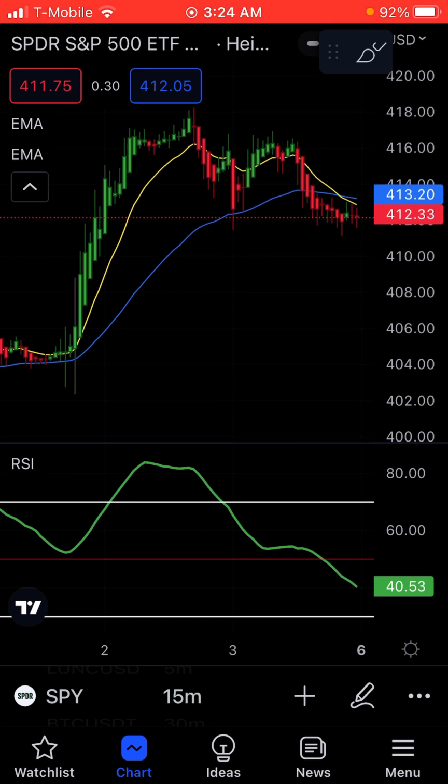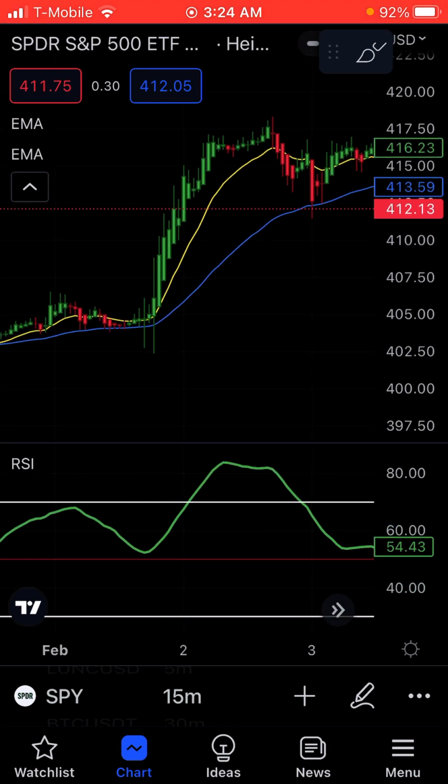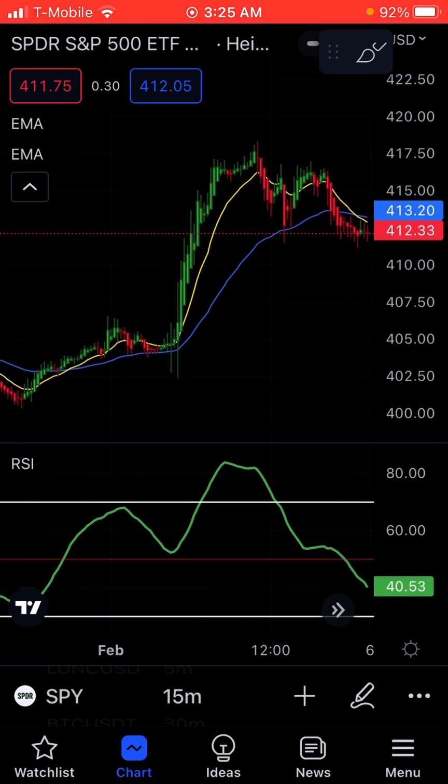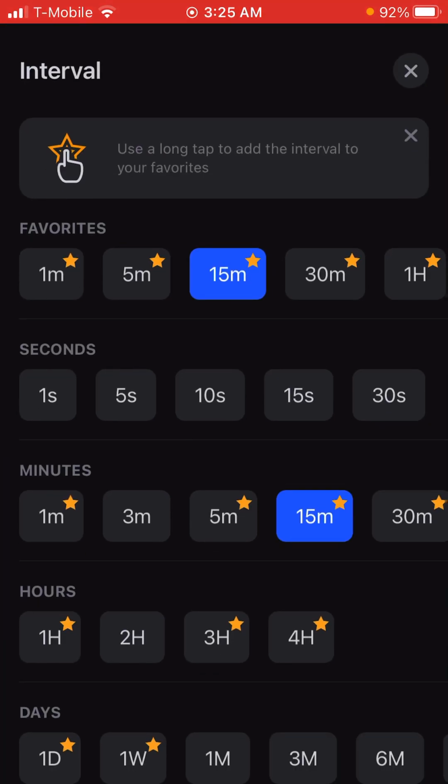So recently with SPY, you could tell right about here. For this strategy to work, you have to wait for the 1348 to cross on the day. In other strategies that I've learned in other formulas, if you did it on the 15 minute, let me go to the day.